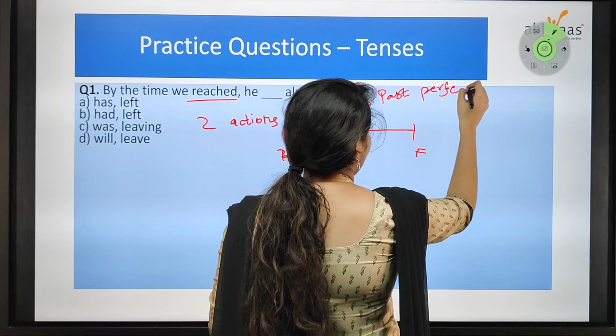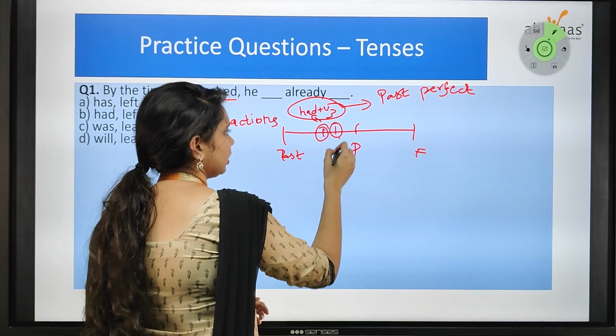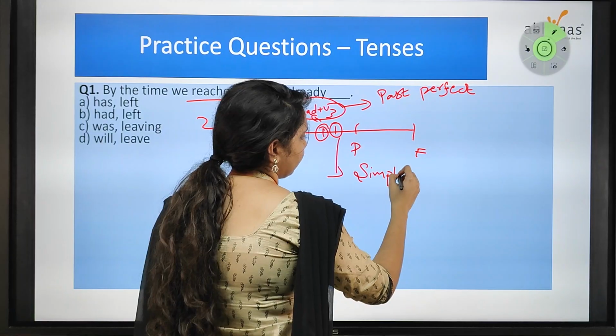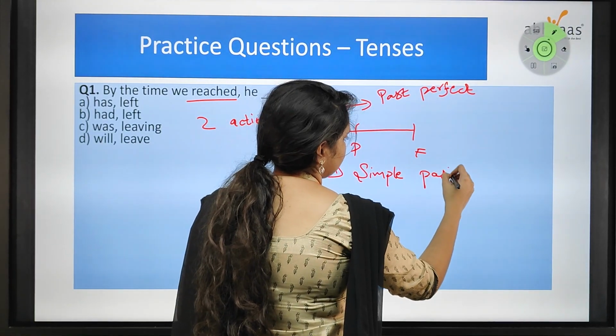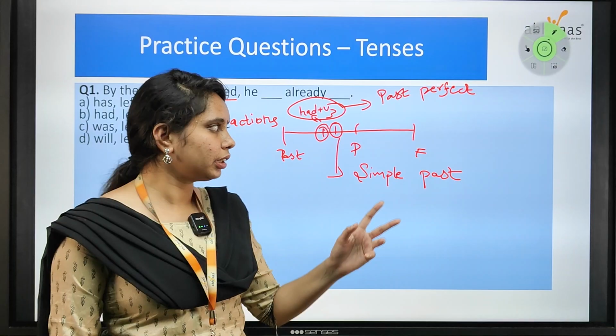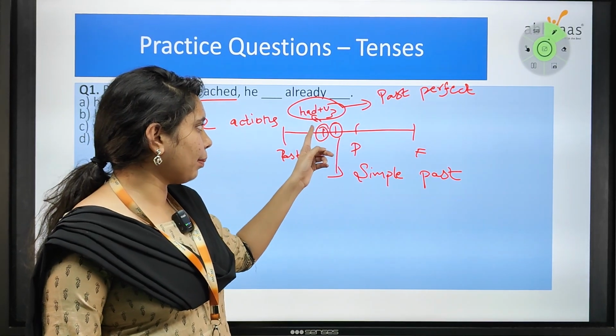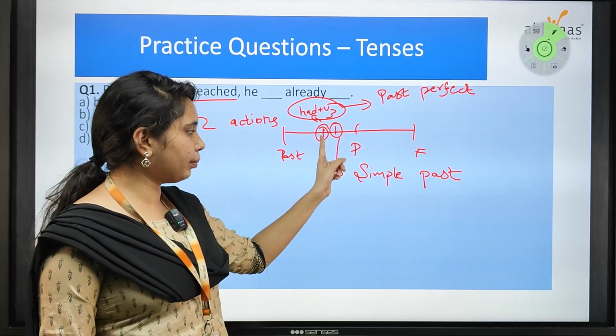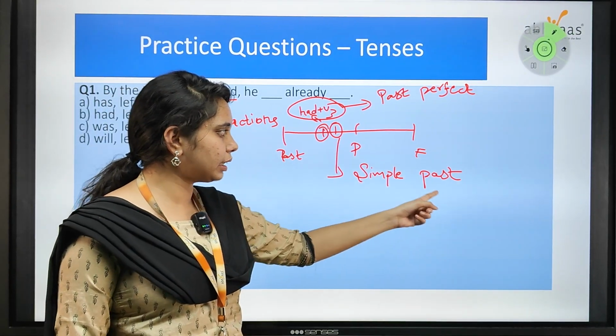And the action that has taken place after this, that would be expressed in simple past. So whenever there are two actions taking place in the past, the action which has happened first will be expressed in past perfect. The action that has taken place after this would be expressed in simple past.